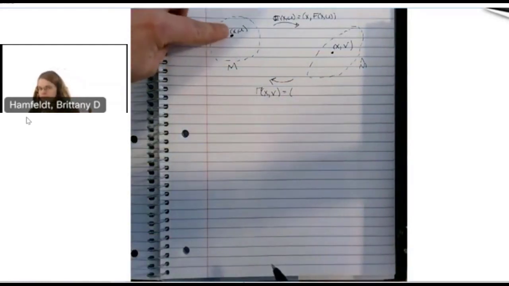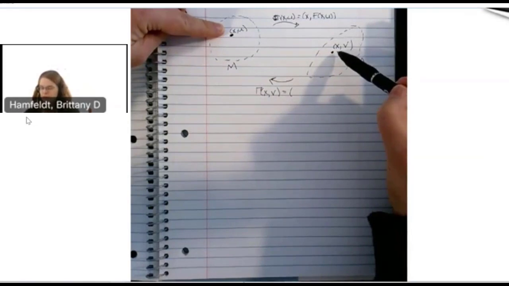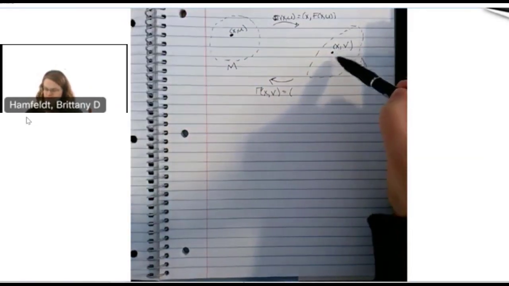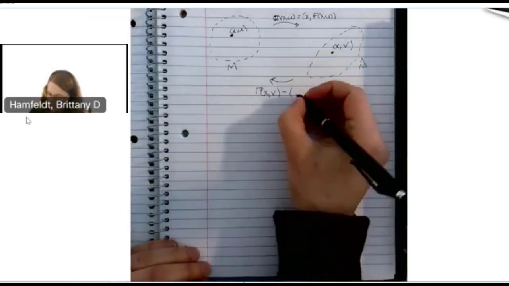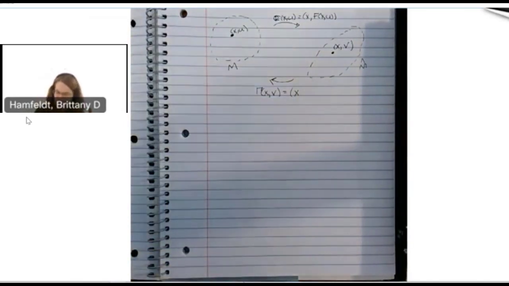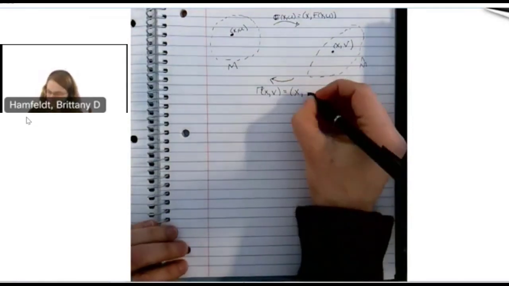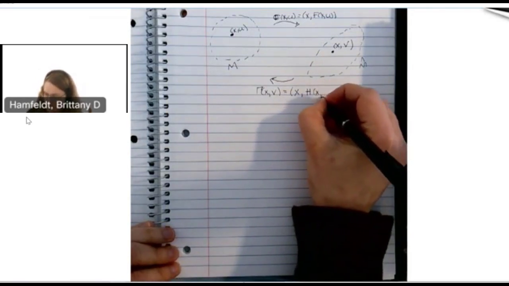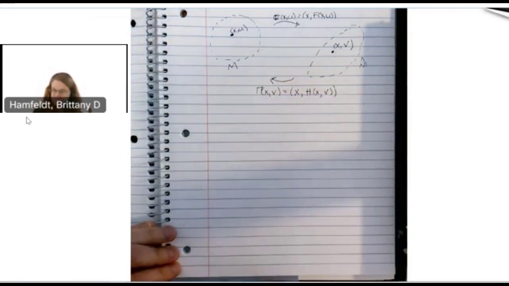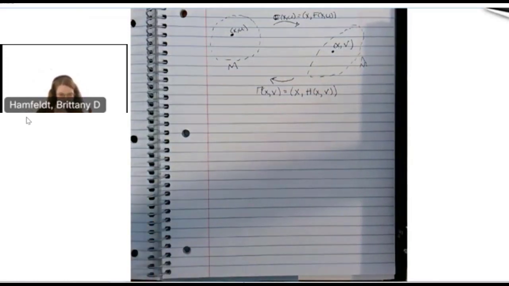So again, we went from XU to XV. Now when we want to go back, we're going to go from XV to X and something. So the first components of our inverse map will be X again. And then the rest of the components are going to be something that depends on where we started, so just some function of X and V. Okay, so this is the picture version of the conclusion of the inverse function theorem.